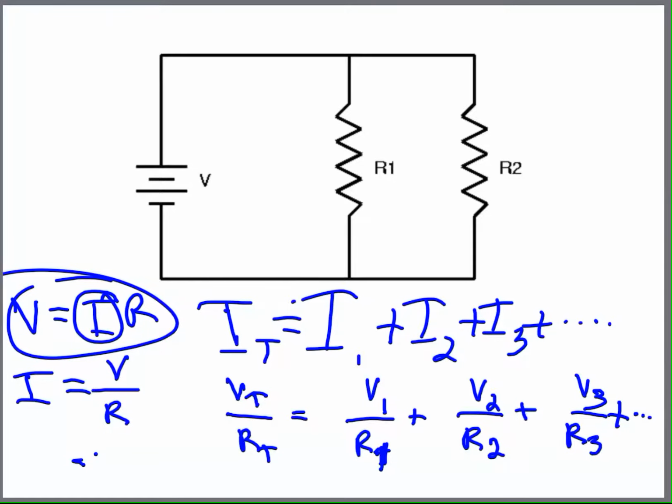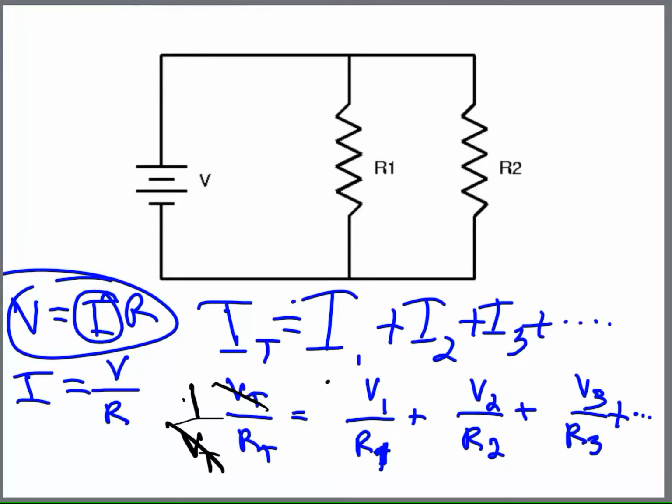Now, this is better because it now has resistance in it, but we don't want a formula that has resistance and voltage in it. We want a formula that just has resistance in it. So what am I going to do? I'm going to multiply this side by 1 over V total, get rid of that, and we have just 1 over R total.